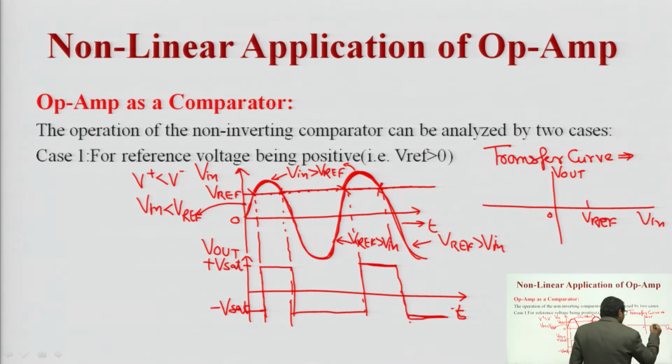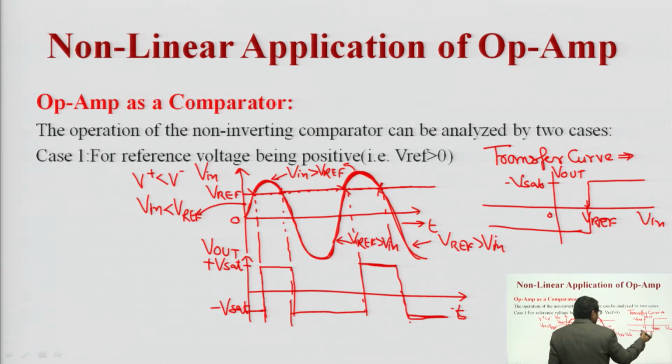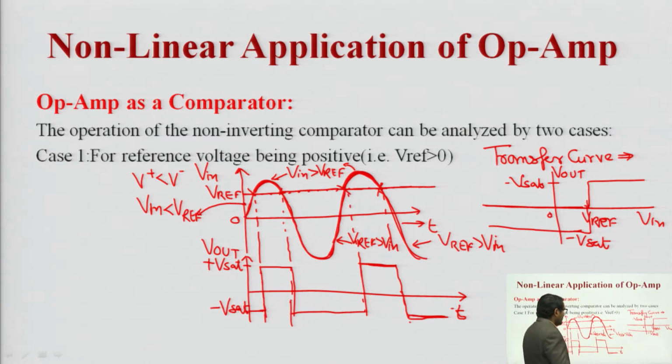If V in is greater than V reference, the output is plus V sat. In this region, if V reference is greater than V in, then the output is minus V sat. If the time varying signal cuts the V reference, then the output jumps from minus V sat to plus V sat or plus V sat to minus V sat.